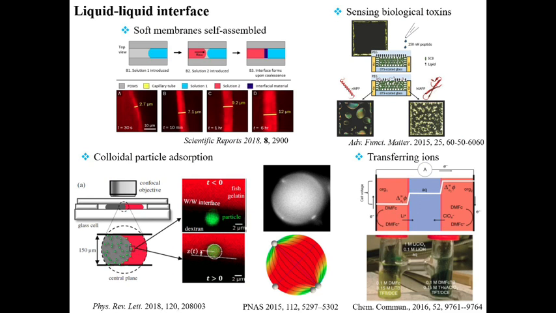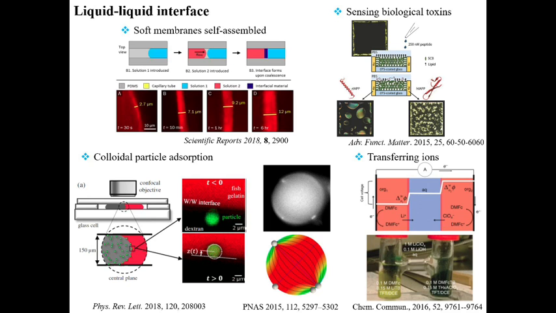But if you consider the liquid interface, the liquid interface is also very important. For example, it can support soft membrane self-assembly at the interface, and it can locate colloidal particles at the interface. It can also sense biological toxins and transport ions at the interface.